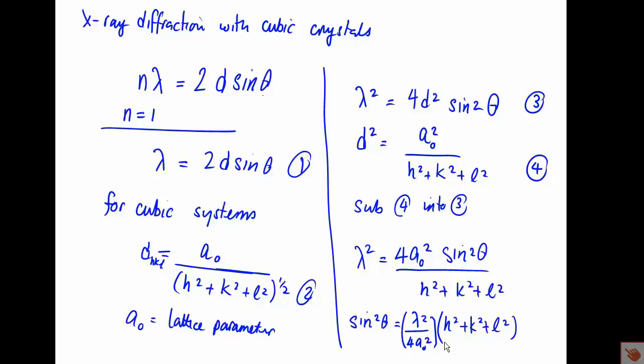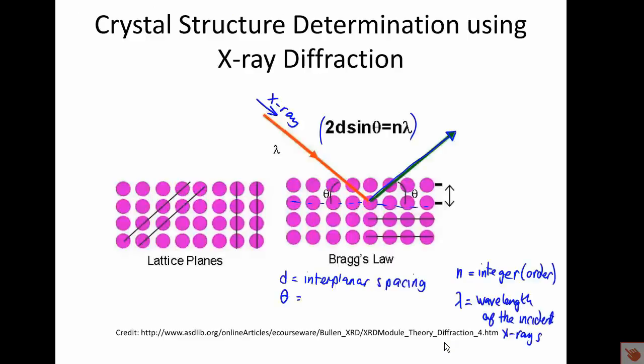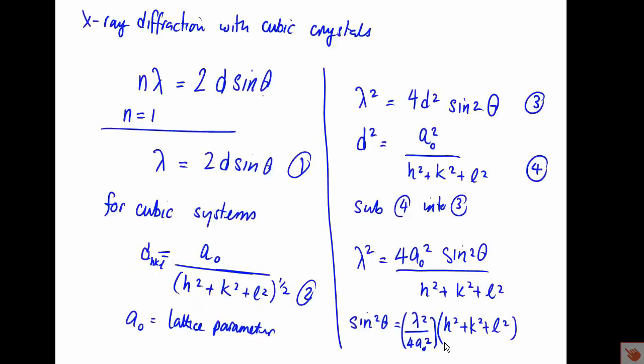We recognize that this part here is a constant. Because the wavelength of the radiation is fixed, we're using monochromatic X-rays for this type of experiment, and a naught is the lattice parameter that is fixed.